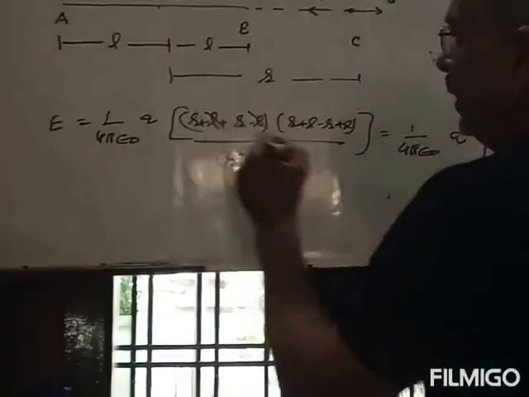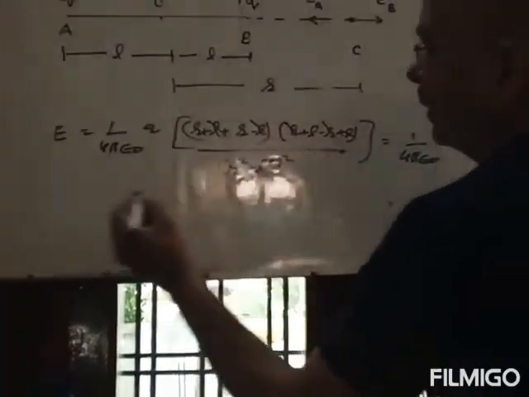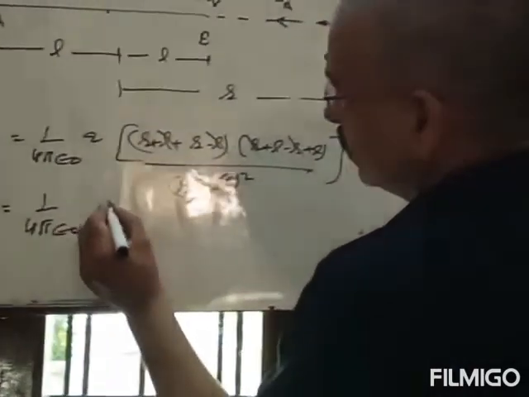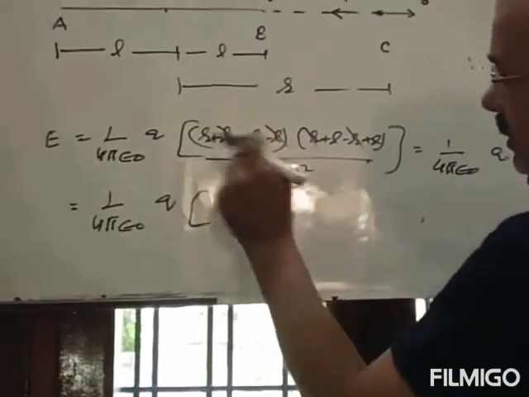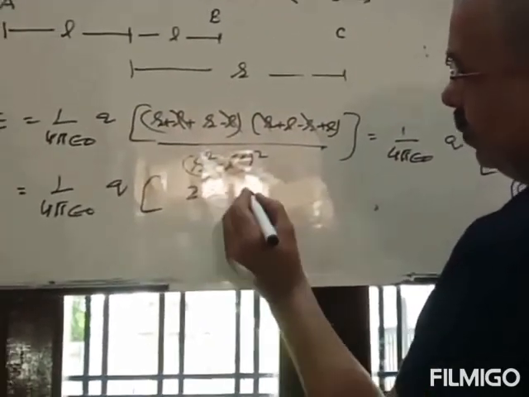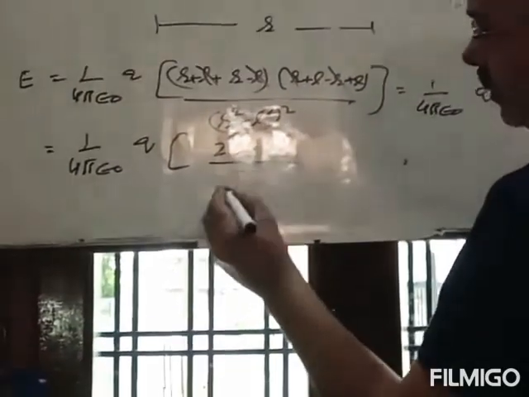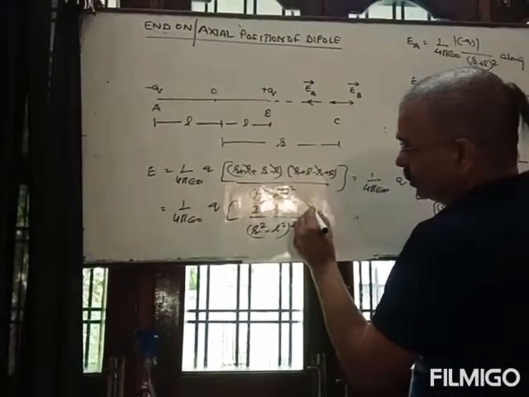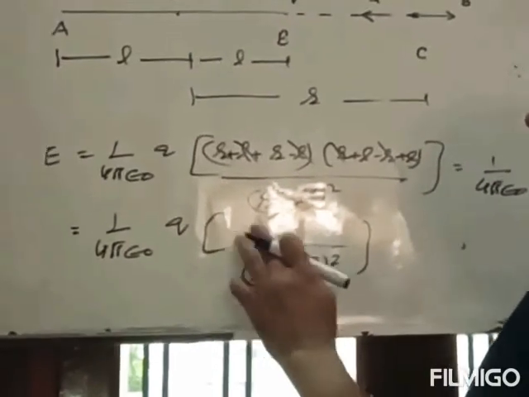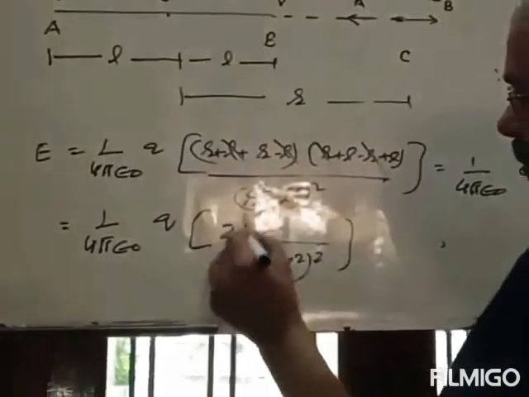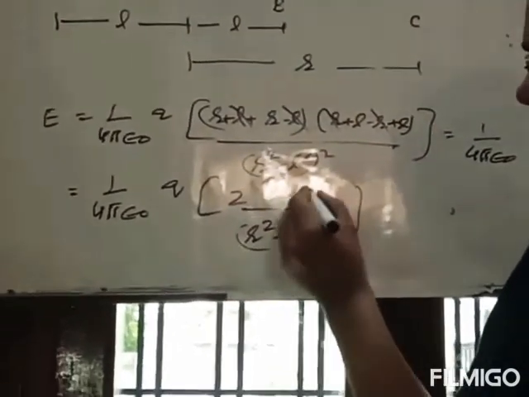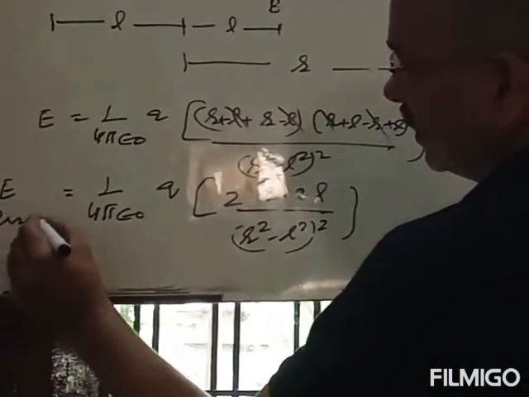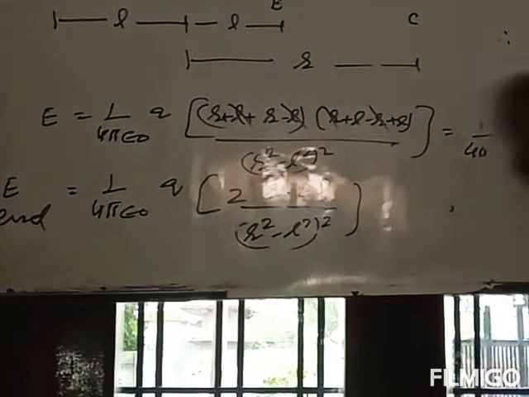So here L and L get cancelled, here R and R get cancelled. 1 upon 4 pi epsilon 0 Q, it is R plus R, 2R into 2L, by R square minus L square whole square. So this is the electric field intensity in end-on position.